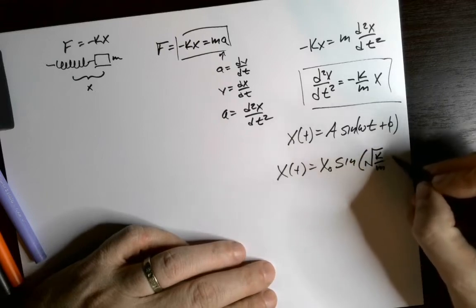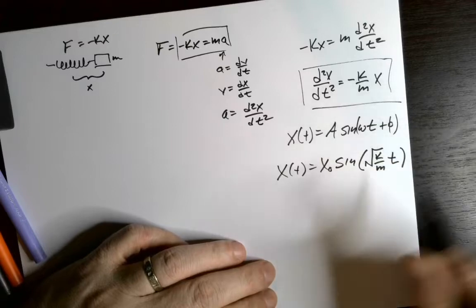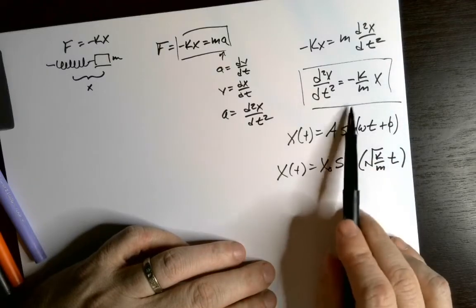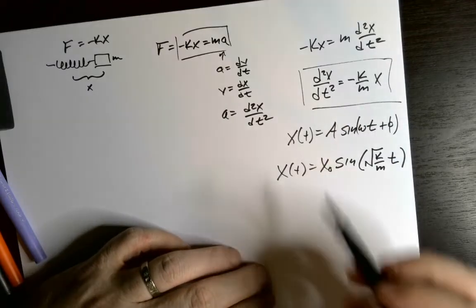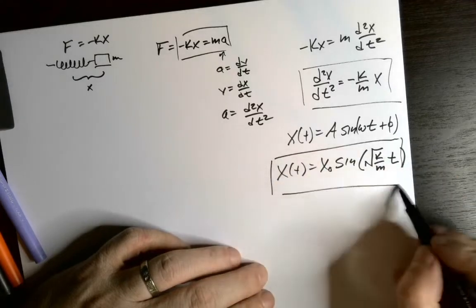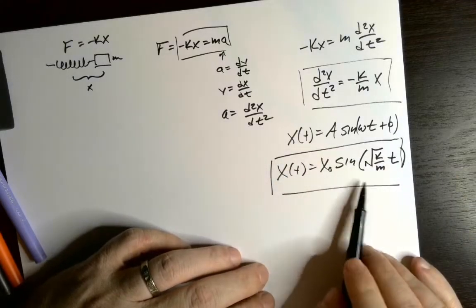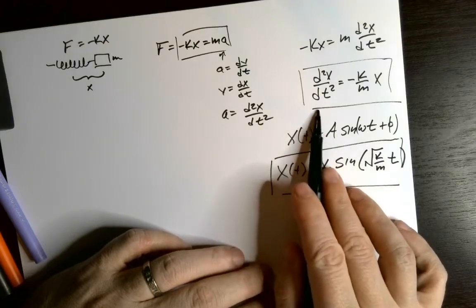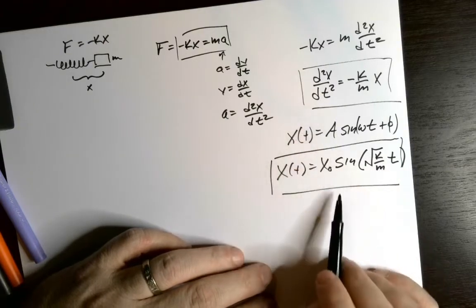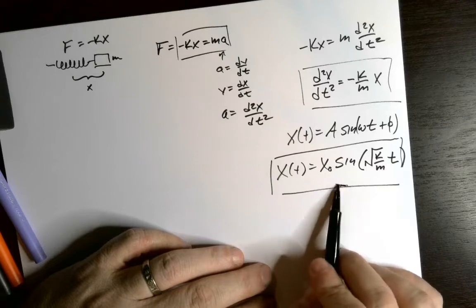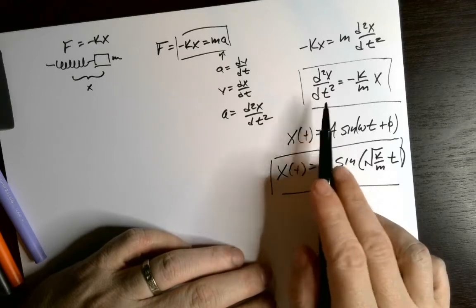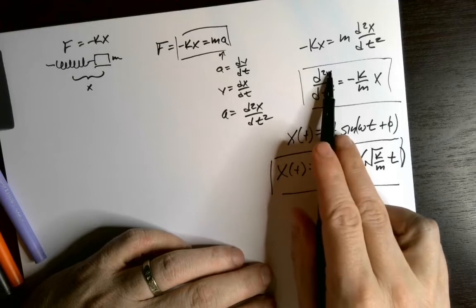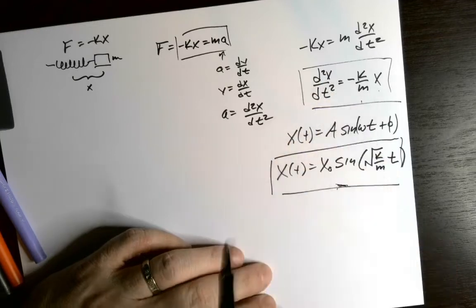You need that square root so that when we take two derivatives of the sine function, we get that minus k over m out front. So simple harmonic motion is a differential equation that you should recognize, and the sine function is always the answer you get whenever you've got a formula that says second derivative of thing equals negative constant times that thing.